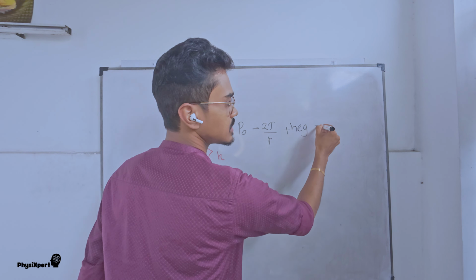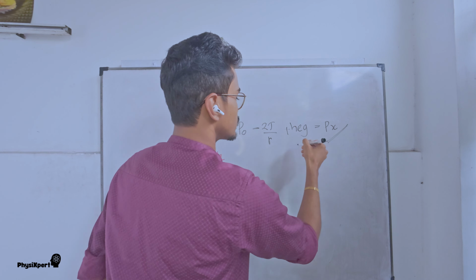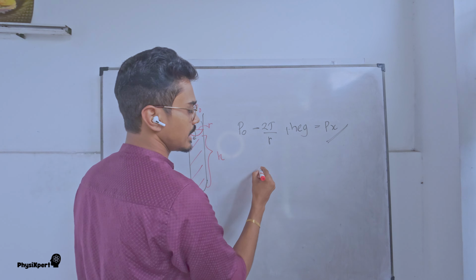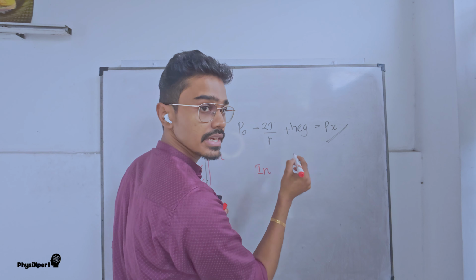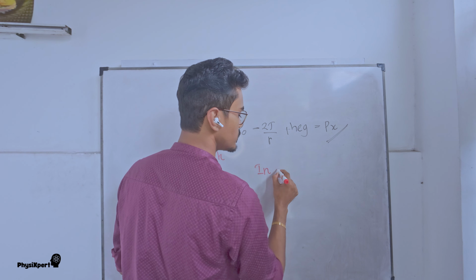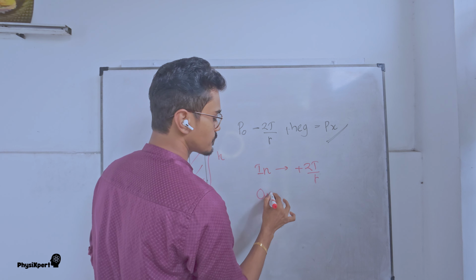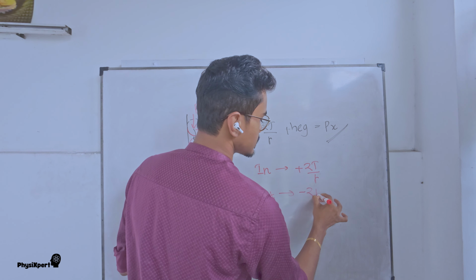That equals Px. So this is how the equation is used. If we are jumping into a meniscus, that is plus 2T over R. If we are jumping out from a meniscus, it is minus 2T over R.